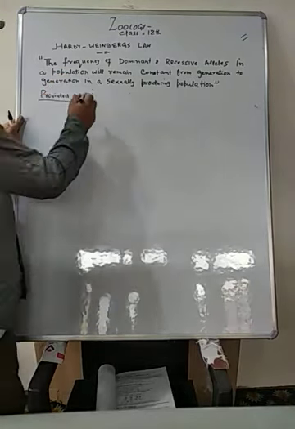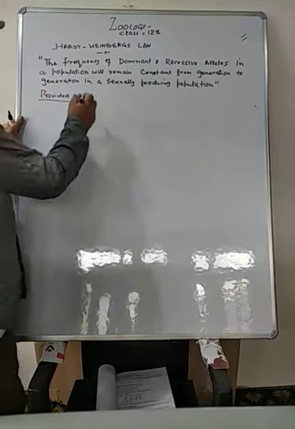Now, a population has both dominant alleles as well as recessive alleles. Dominant alleles of the population are written as capital A, capital A. You know that dominant is represented by a capital letter, since each character is controlled by two alleles present on homologous chromosomes.